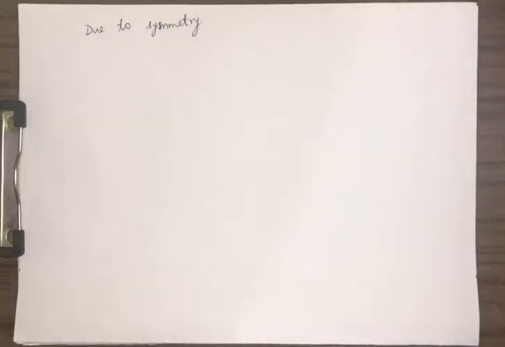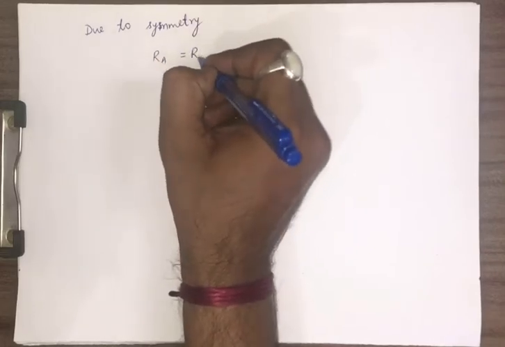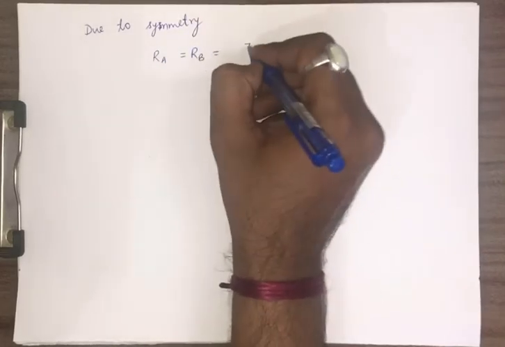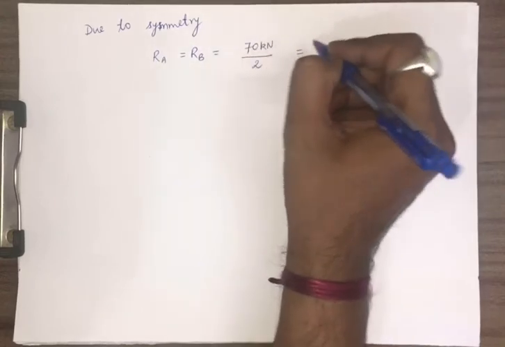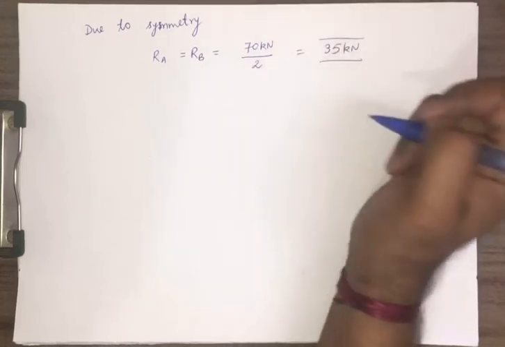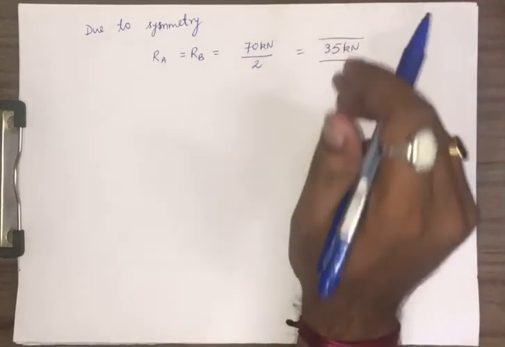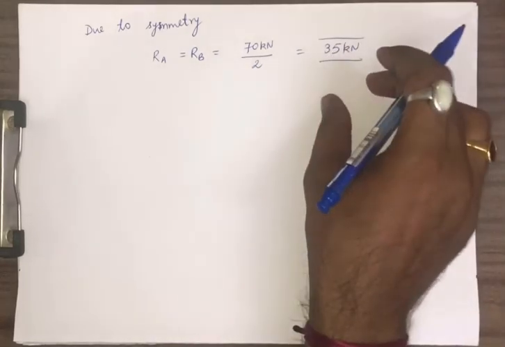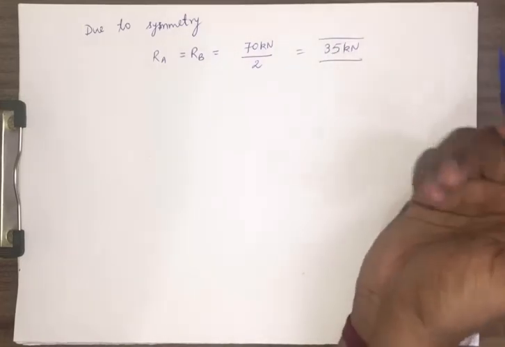So total load, so RA will be equal to RB will be equal to 70 kilonewton divided by 2, that is 35 kilonewton. So this is the first thing we have to do. We have to calculate the support reactions because there is no horizontal component.